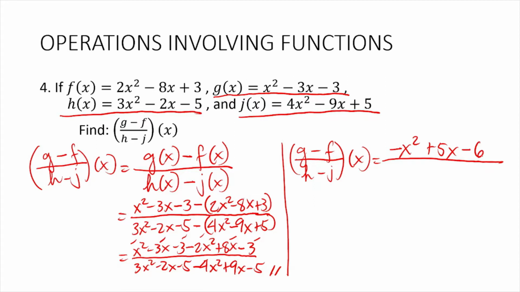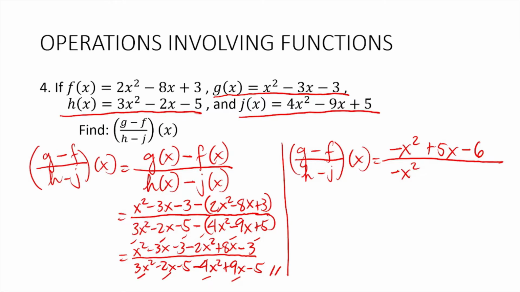And then on the denominator, we also have two quadratic terms. So 3x squared minus 4x squared, that's negative x squared. Okay. And then two linear terms also. So negative 2x and positive 9x.